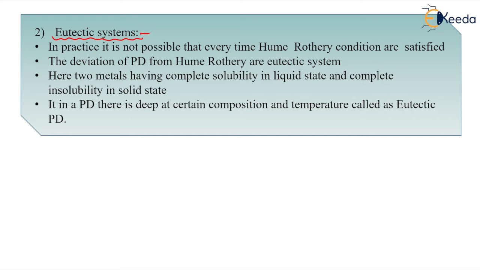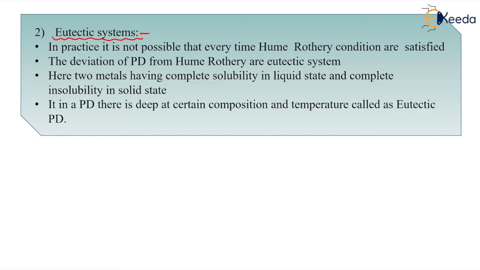So we can call the eutectic system a deviation of the phase diagram from the Hume-Rothery rules. The deviation from this Hume-Rothery rule is nothing but this eutectic system.